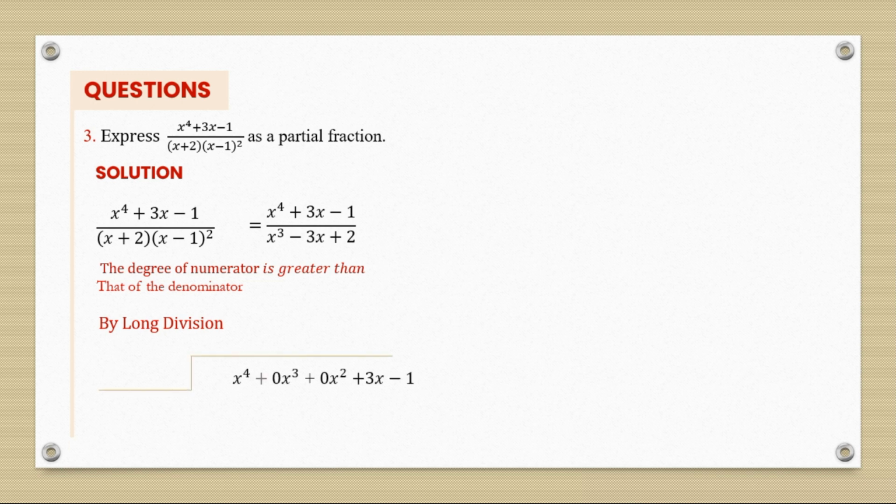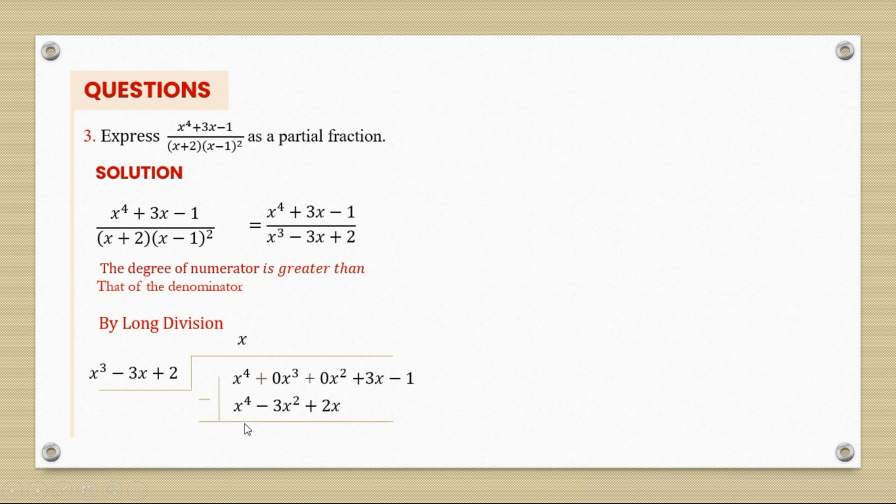So we have this value right here. Where we have x² and x³ plus x², we're going to assume that the coefficients of those parts were actually 0, and place that in there. Then we divide. x⁴ divided by x³ gives x, so x times this gives x⁴ − 3x² + 2x.